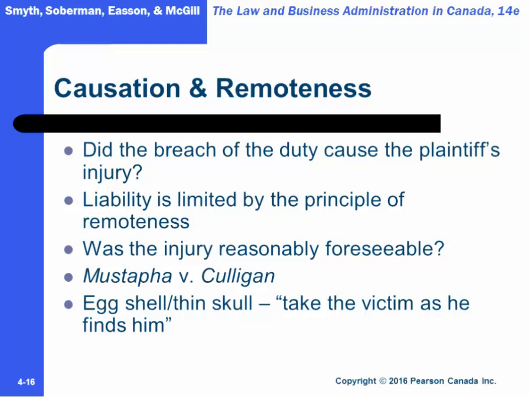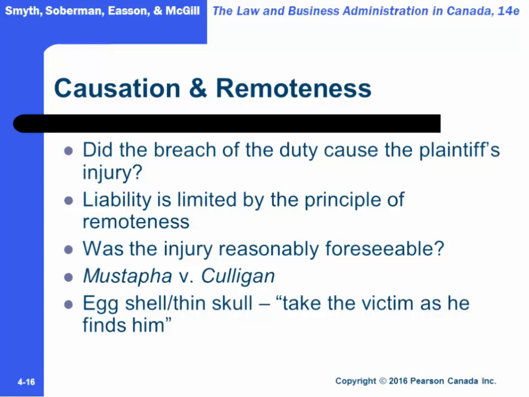And this idea of remoteness of damage is a way that courts can limit damages beyond the tools of the duty of care and standard of care. I'll give you some examples to make it clearer. Under the heading remoteness of damage, look at the third line. It says, he may not be considered to have legally caused the injury if it is too remote.